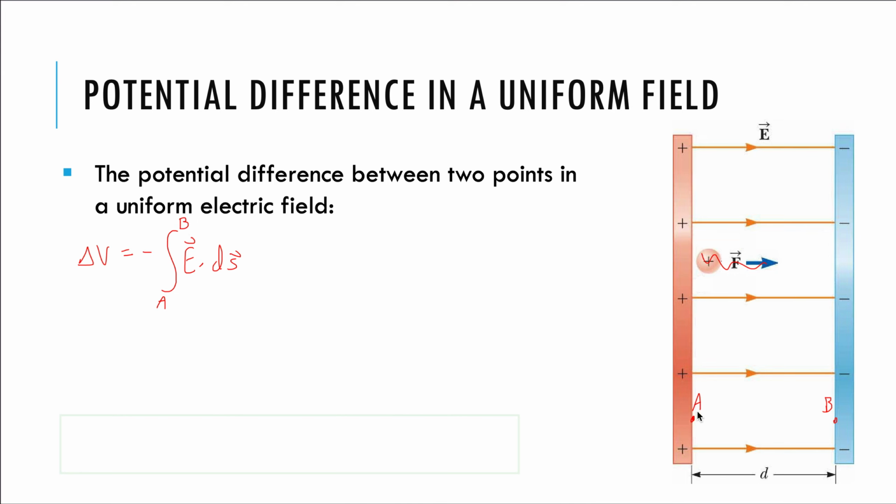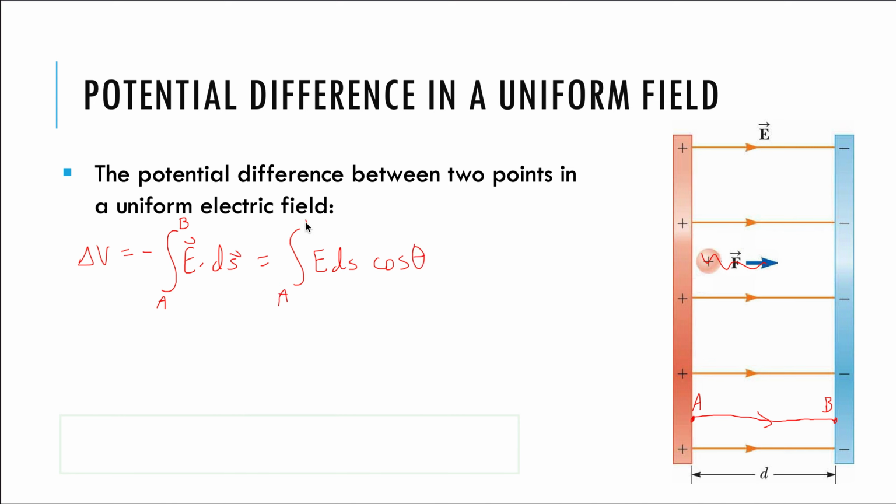So if we're going in a straight line, and later we'll see that it's independent of the path, but for now, let's assume that we are moving along the field, then what this means is that the angle theta is 0. We have E ds cosine of 0, I can go ahead and write that down. We have E ds cosine of 0 if we're moving along the field.